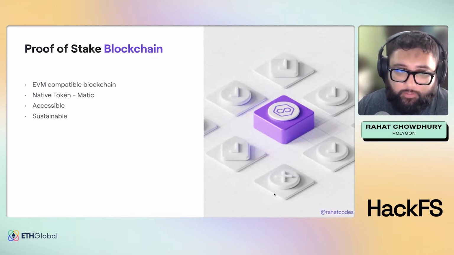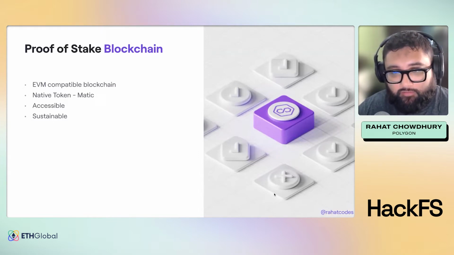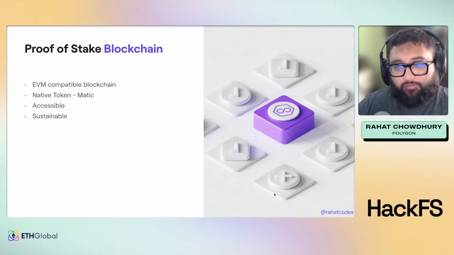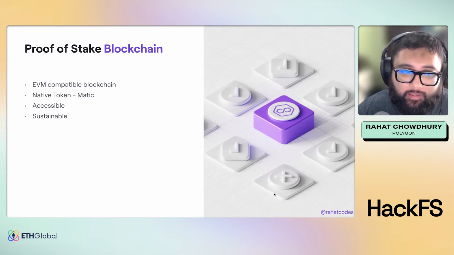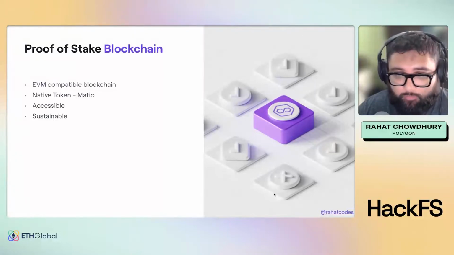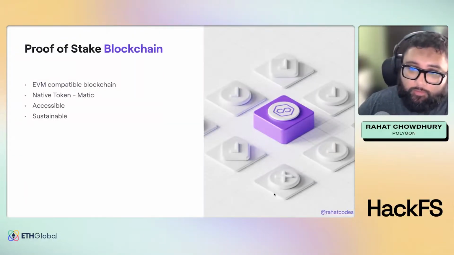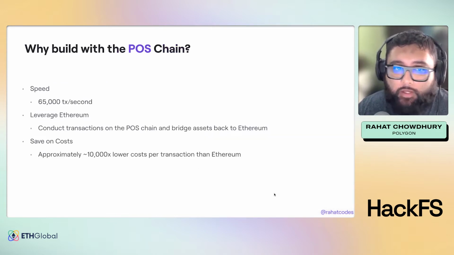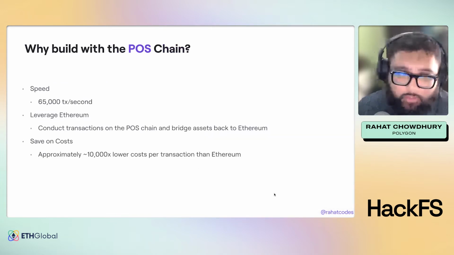Super accessible and sustainable. Accessible because transaction fees are much lower than doing something on mainnet, and sustainable because we've been committed to being carbon neutral, which we've done so far, and trying to go for being completely carbon negative. So why should you build with the proof of stake chain?